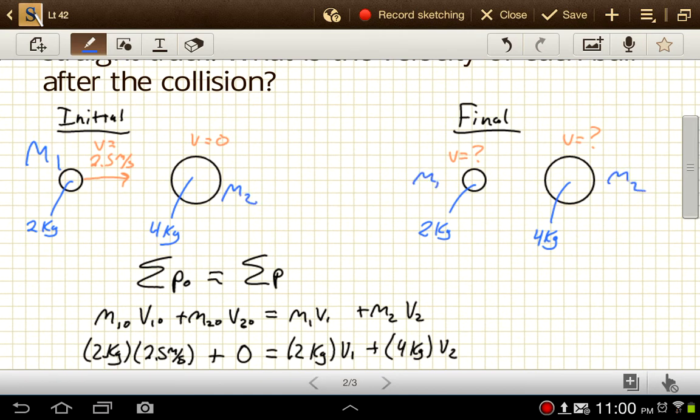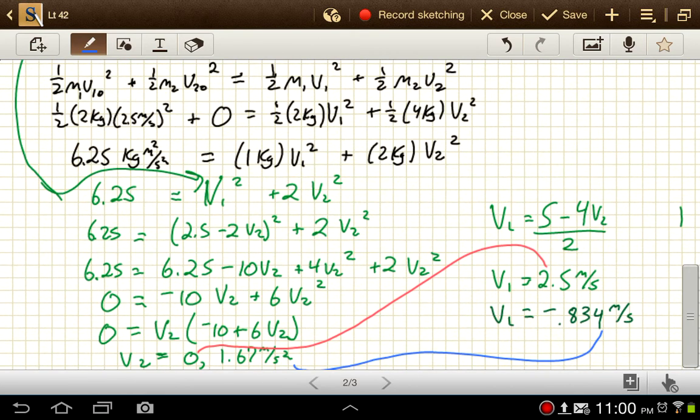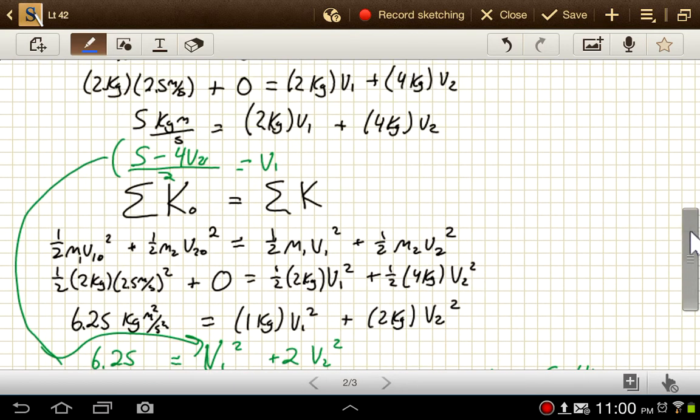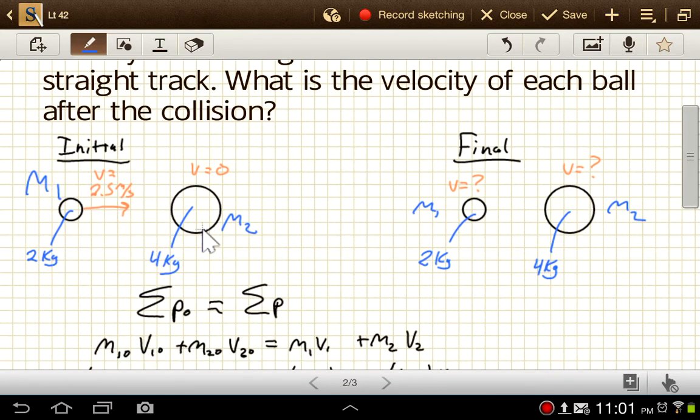In this collision, if we look at this first case where we had v2 is 0 and v1 is 2.5 meters per second, that's exactly what we had in this initial case. So mass 1 was moving to the right, mass 2 is still.